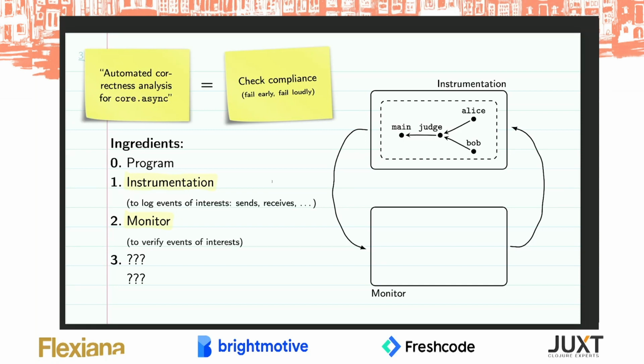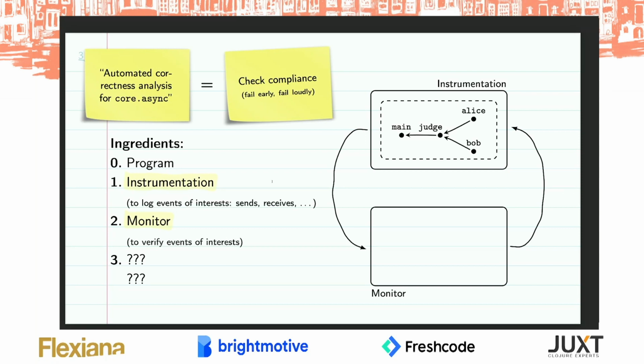Every time an event of interest, a send or a receive, is observed through the instrumentation in the program, the instrumentation asks the monitor if this event is allowed to happen. If it is allowed, the monitor will say yes, it's okay, and then the instrumentation is fine. If it's not allowed to happen, then the instrumentation will throw a runtime exception. That's in a tiny nutshell what is happening.